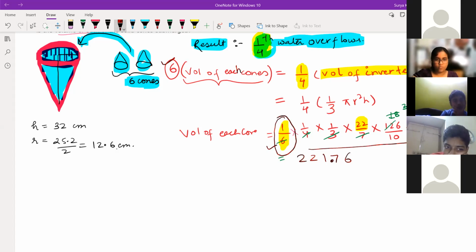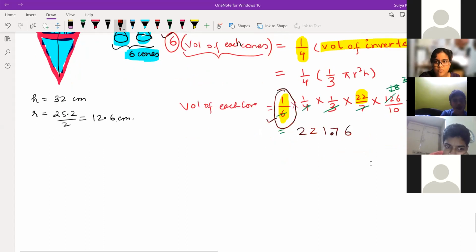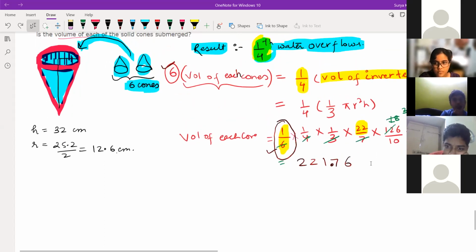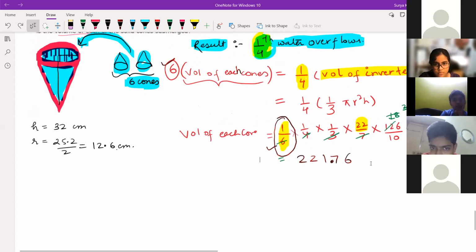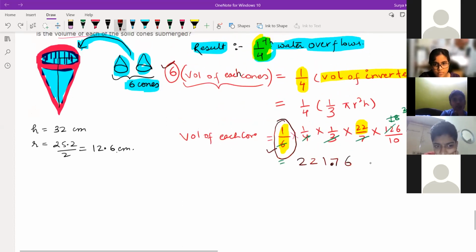Anywhere feeling difficulty? Sai Ritvik, no difficulty, sir. Akshat, you are getting it? Sir, how did we get 22 by 7? 22 by 7 is the value of pi. Remember, 22 by 7 is the value of pi, or you can write 3.14.